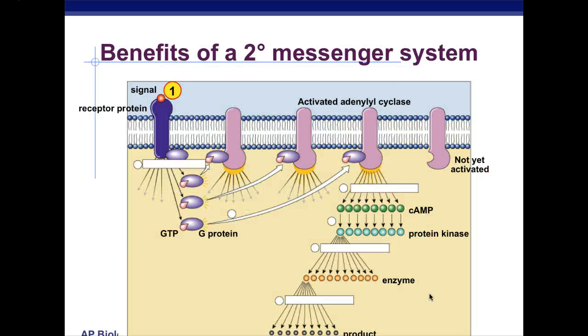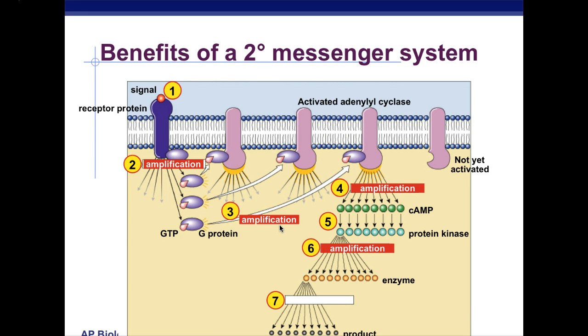So, second messenger system is referring to the fact that we can have multiple activations of multiple transduction pathways within a single cell. And what this does is it amplifies our signal, meaning makes our signal stronger. And therefore, we can have the response happen faster and with more vigor.